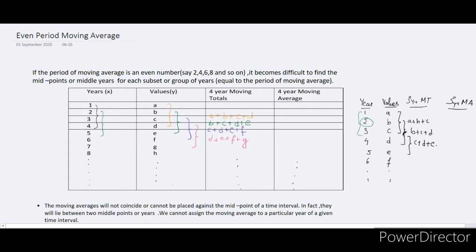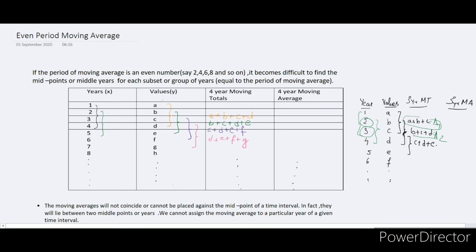So whatever value we get, let's say A1, will coincide with year 2. Similarly, for the next 3 years, 2, 3, and 4, it is obvious that year 3 is the middle year, and the sum will be assigned to year 3, and so on.